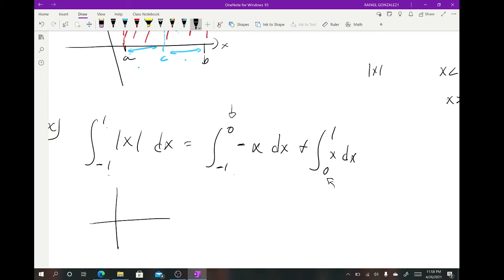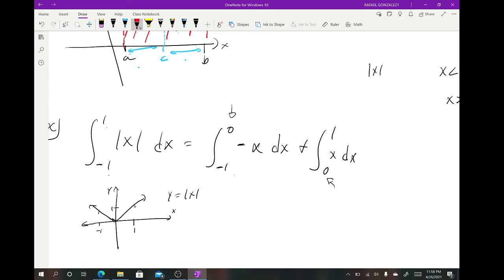Now, the function for y equals absolute value of x looks like this, right? It looks like a v. And at 1, you get 1, and at -1, you get 1.